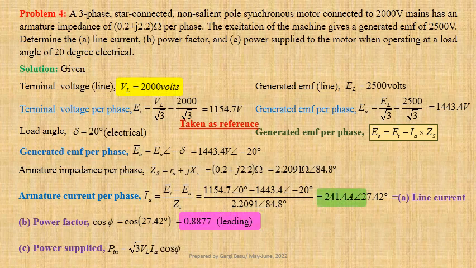Using values we get √3 into 2000 into 241.4 into 0.8877, that is equal to 742.325 into 10 to the power 3 watt, or 742.325 kilowatt.